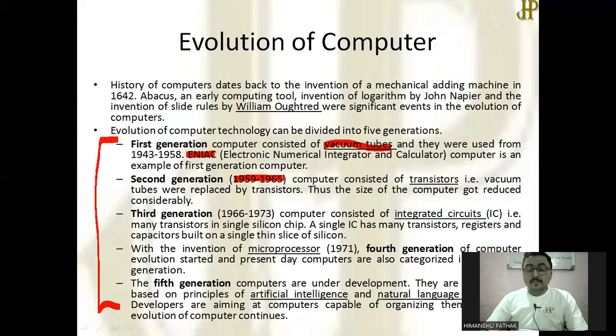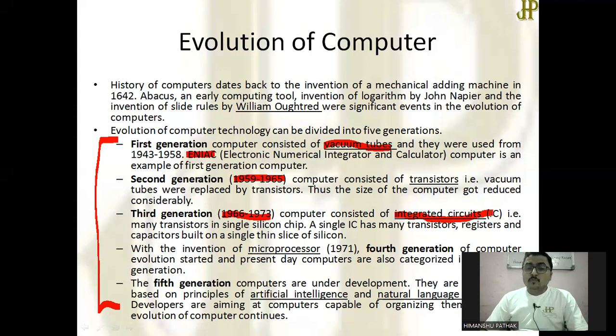After that, the third generation can be considered between 1966 to 1973, 74, 75, because of the evolution of integrated circuits. You all know about ICs. Now, all electronic devices are based on ICs. Many, or millions of, transistors are built into a small single chip, and that single chip is known as an IC.